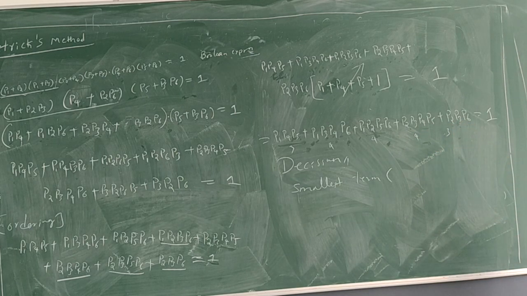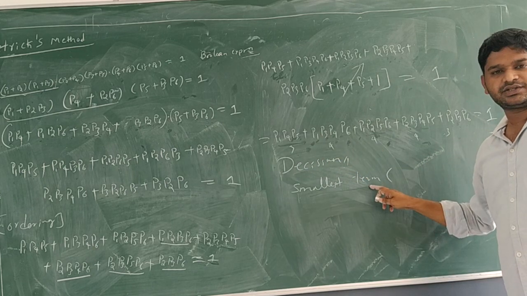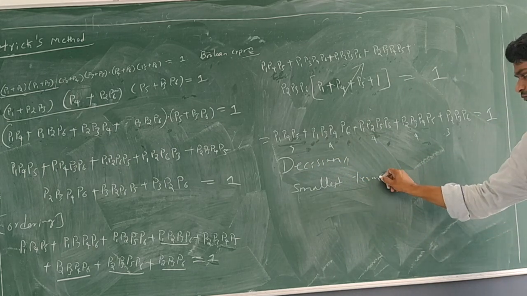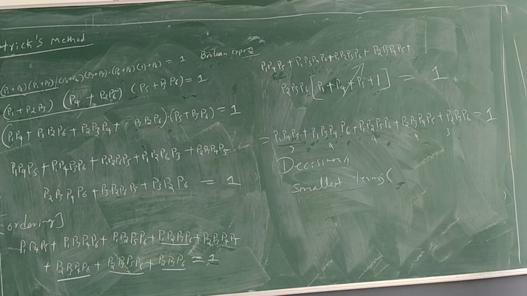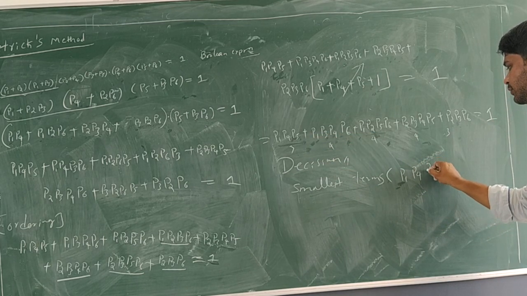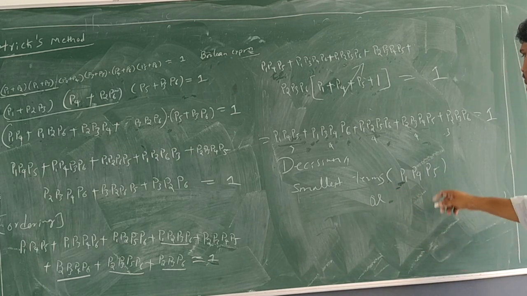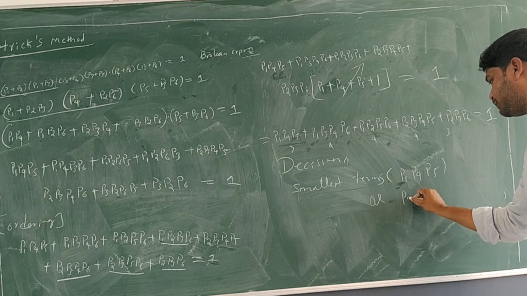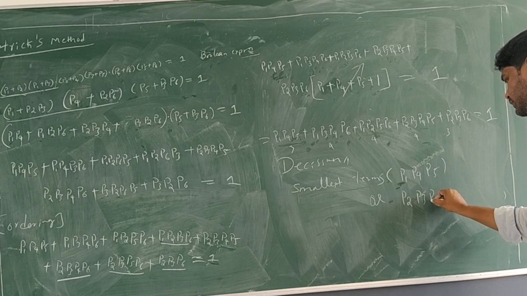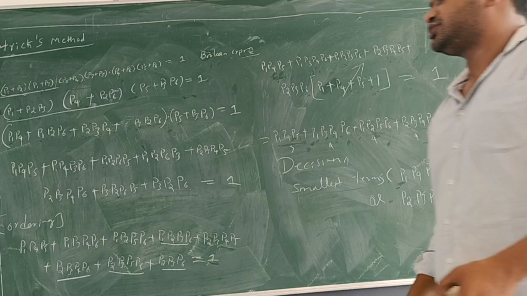Next 3. See, we have 2 Petrick terms with a length of 3. So take the smallest. Sometimes there may be plural terms. So what are the 2 things? P1, P4, P5 or 2 3 6, P2, P3, P6. Okay, you can choose either solution.